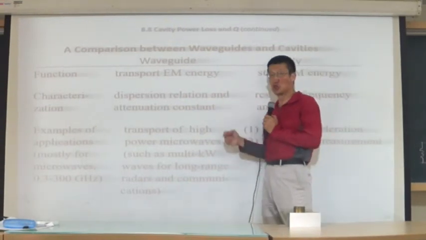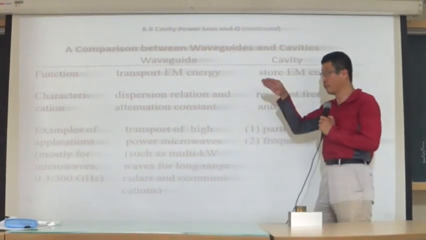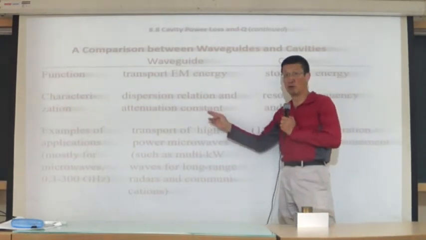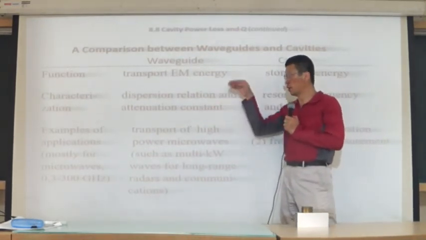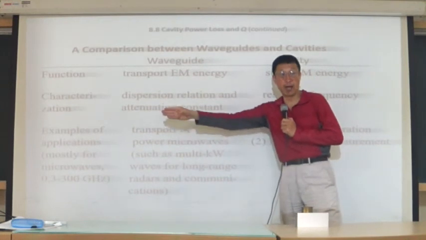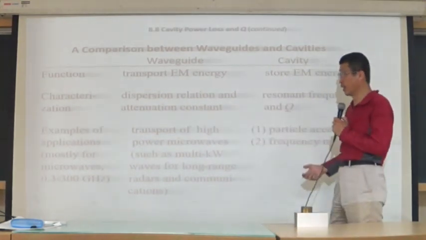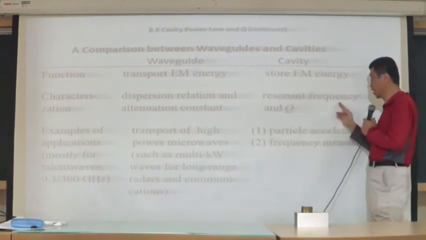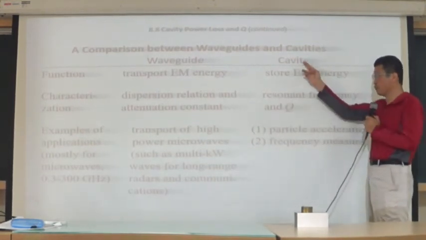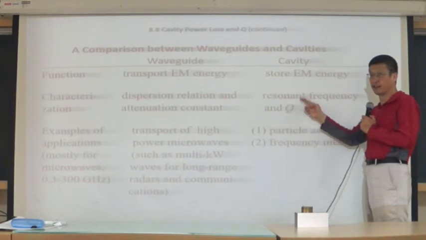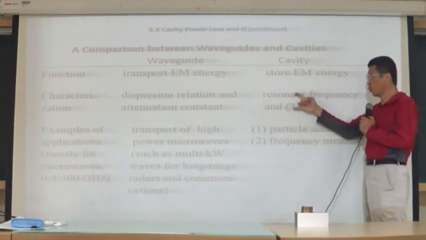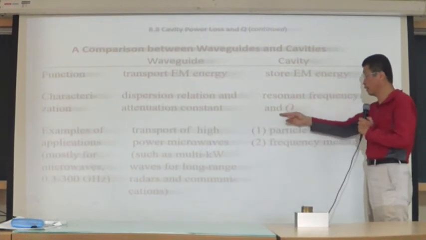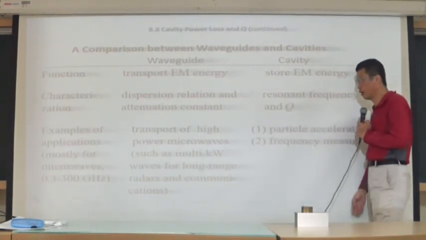That's the dispersion relation. The wave will propagate, and because of the metal conductor, it will attenuate with exponential decay. So we will have an attenuation. And for a cavity, we have the resonance frequency and quality factor. So for a cavity, we have two terms: eigenvalue and power loss.